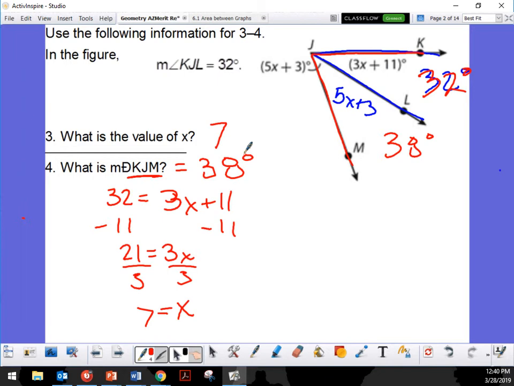I'm looking for KJM, right? But what did I write down here? 38. Is that correct? No. What do I have to do? I have to add them together. Thank you. It's going to be this one plus this one, right? So together I get 70 degrees.